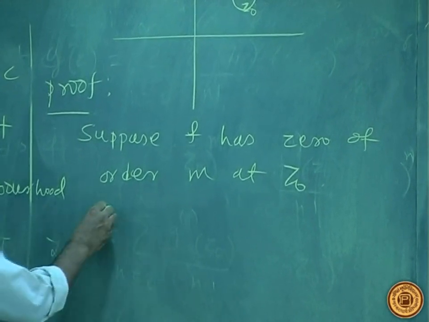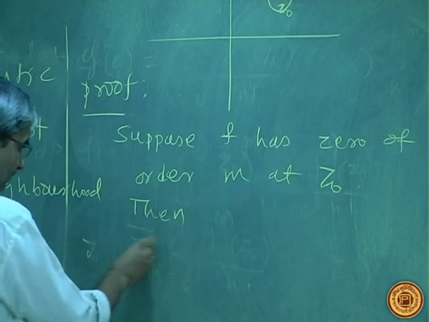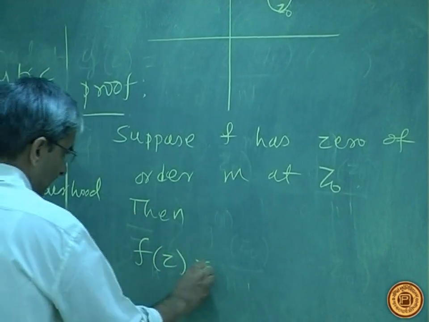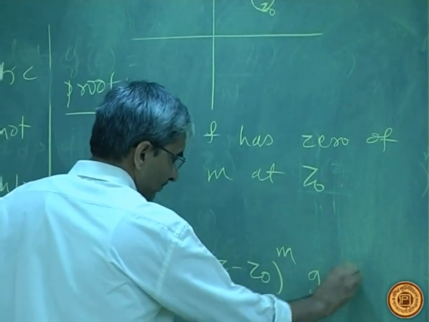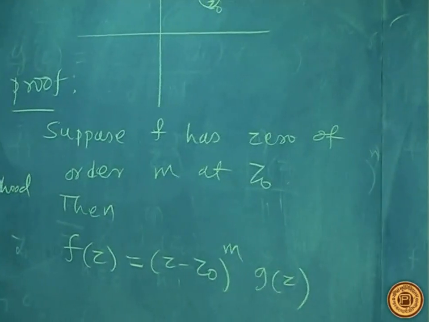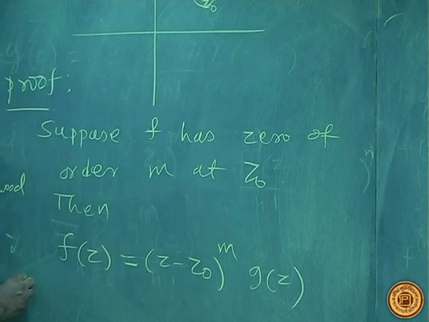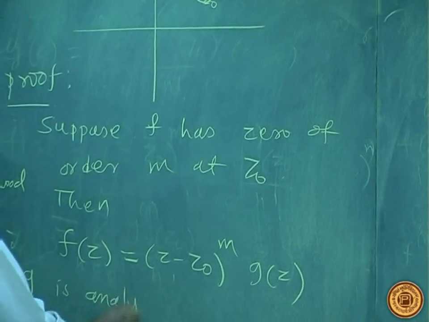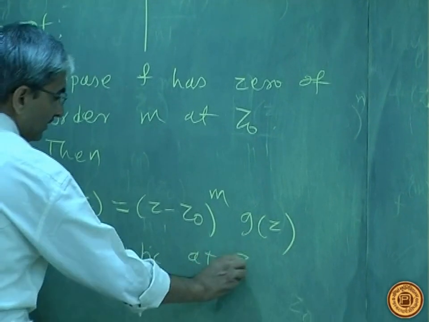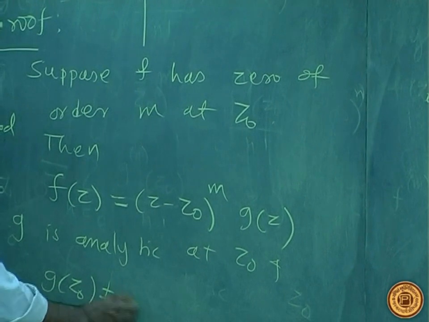Then by the earlier theorem, f(z) can be factorized as (z minus z naught) to the power m into g(z), where g is analytic at z naught and, most importantly, g(z naught) is not equal to 0.